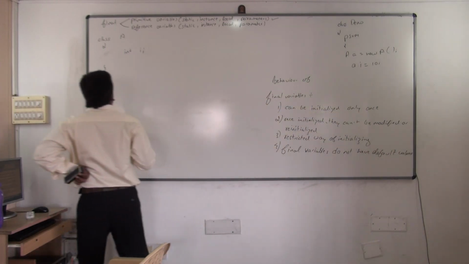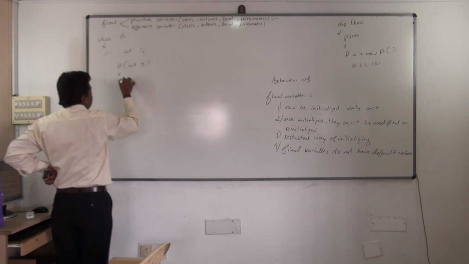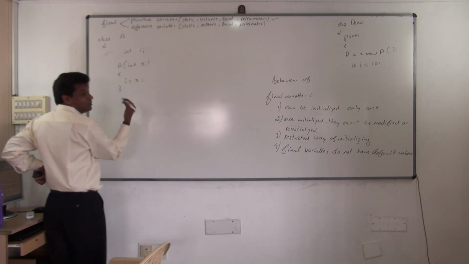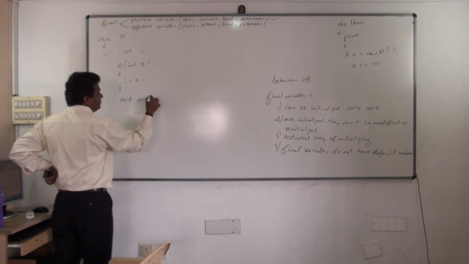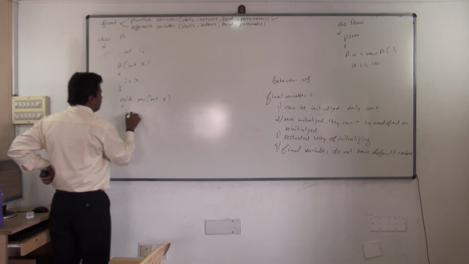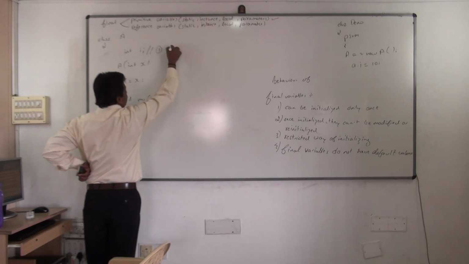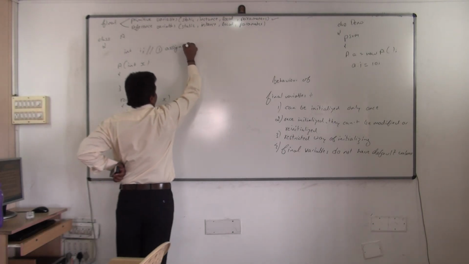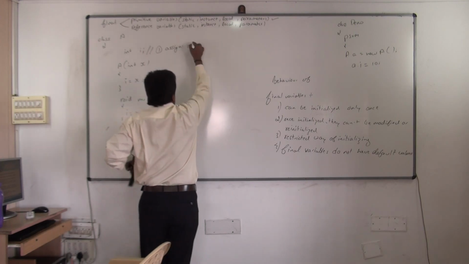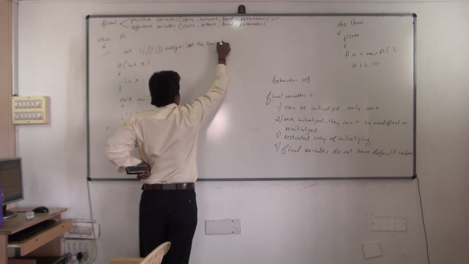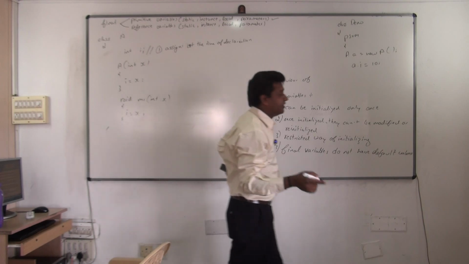The third way you can initialize is with the help of a constructor. Another way is through a method. So these are the four options you have. One is hard coding, assigning at the time of declaration. This is for non-final, which is not final.